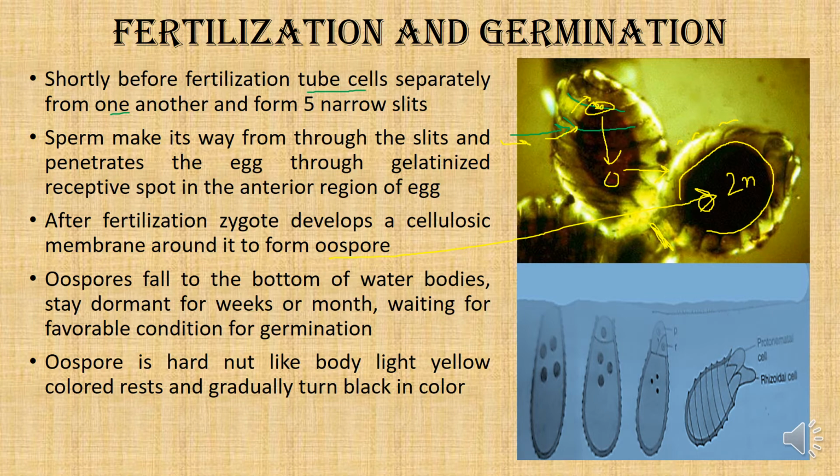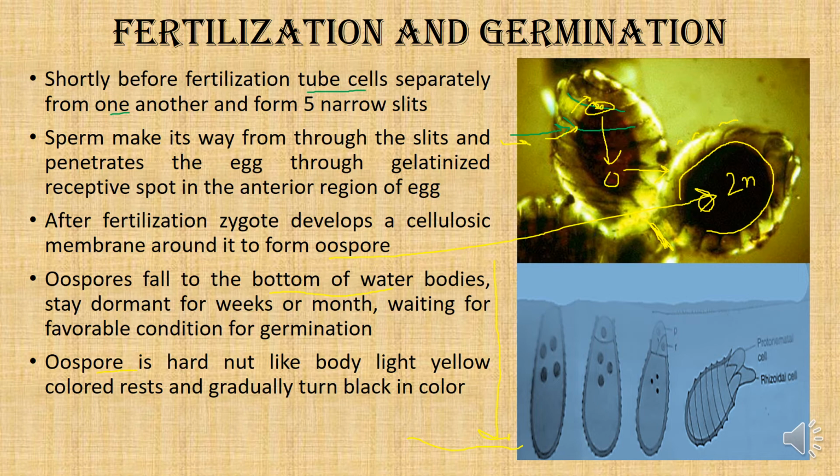So after fertilization and the formation of oospore, this stalk cell separates from the rest of the plant, and it falls to the bottom of the water body. So it gradually sinks to the bottom of the water body in the sediment and lies there in dormancy if there is not much conducive condition, and if there is a good amount of moisture still, then also there will be a period of rest, and after that period of rest, further germination occurs.